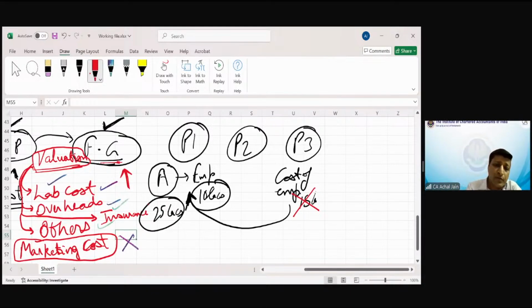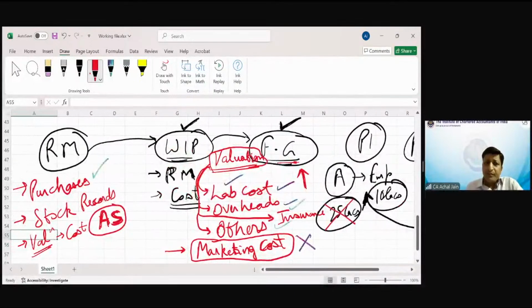So therefore this number has to change. And how will the auditor do that? Auditor will have to obtain the workings of all of these cost sheets. And before that, auditor will have to understand the manufacturing process, because without understanding the manufacturing process, auditor may not be able to get into this complete assessment.